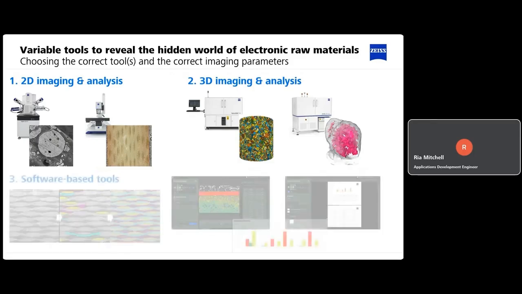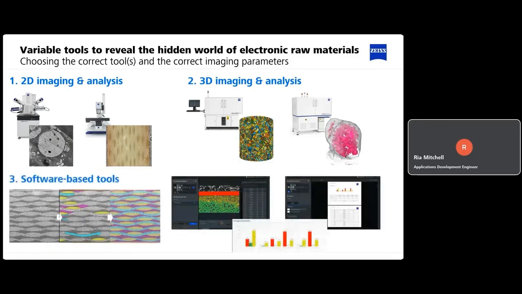And then finally, how we can use some software-based tools, not only to enhance our data as much as we can when it comes off the microscope, but also how we're able to then perform that digital image segmentation, quantification, and reporting.